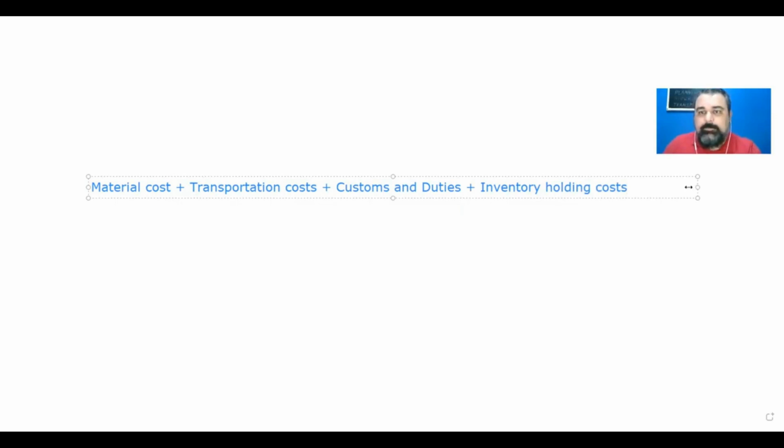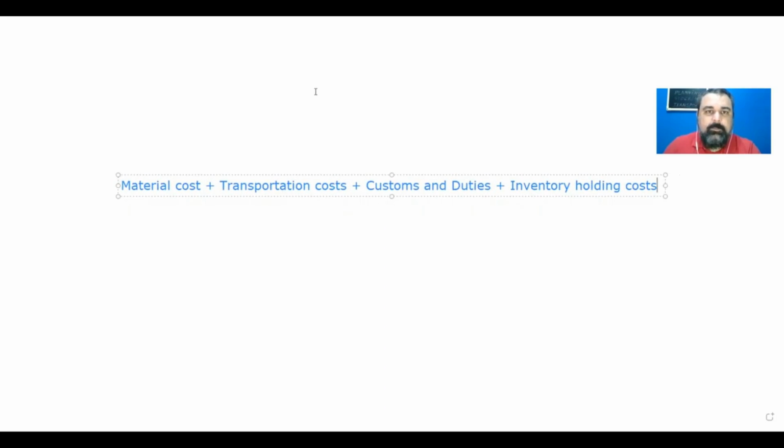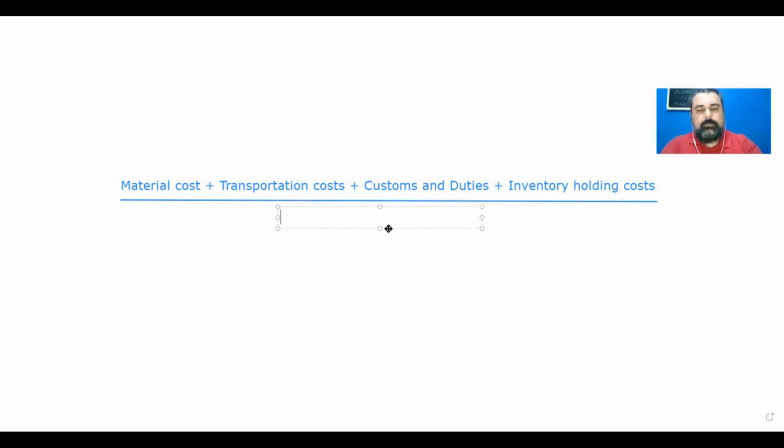So what you want to do is to sum all of these costs and divide them by the product quantity that you purchased.